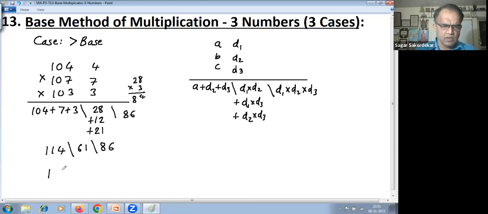So just join 114, 61, 84. Sorry, I wrote 86 there, but this is 84. 28 into 3 is 84. I calculated it correctly but wrote it wrong here, so just note that it is 84. So the final answer is 1146184.